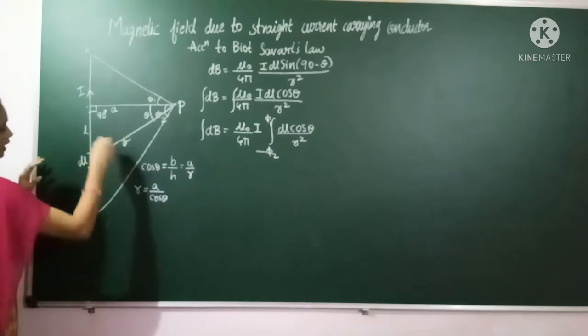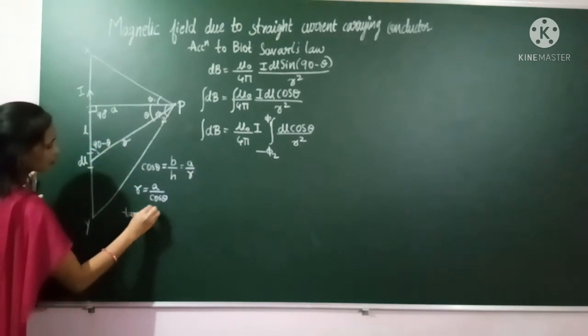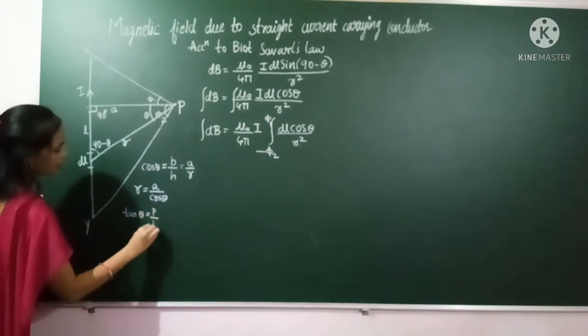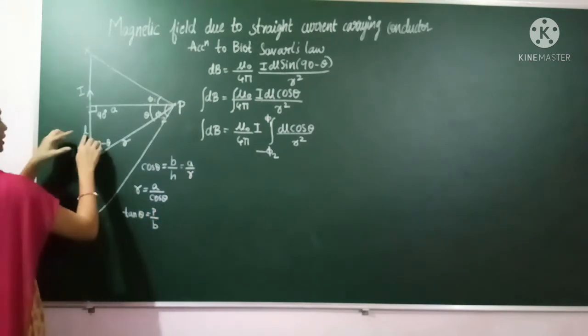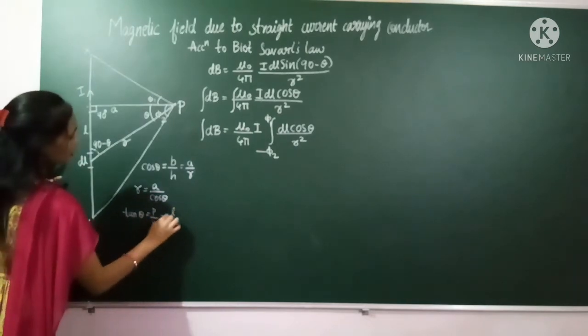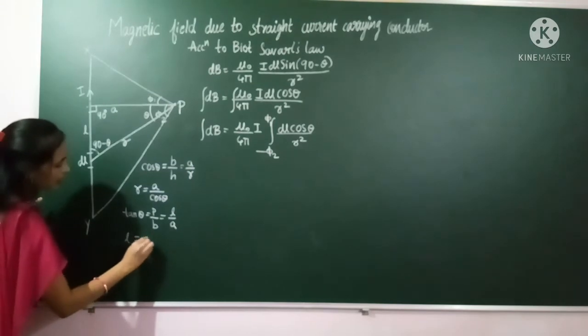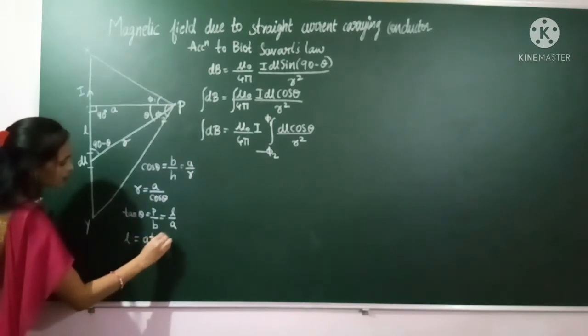Similarly, tan theta can be written as perpendicular divided by base. In this case perpendicular is L and base is A, so L divided by A. So L can be written as A tan theta.